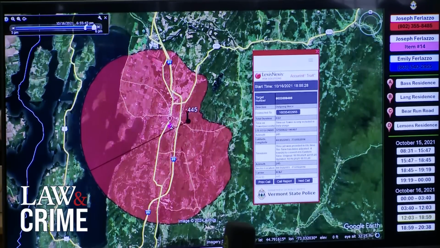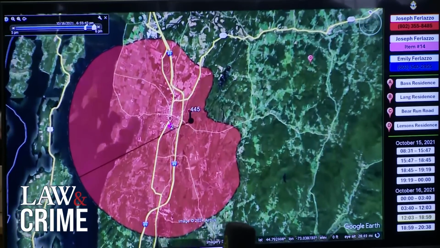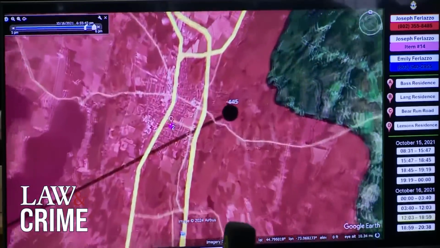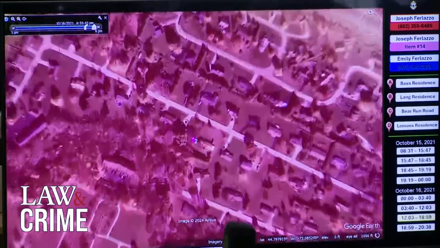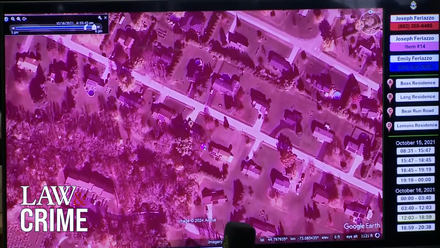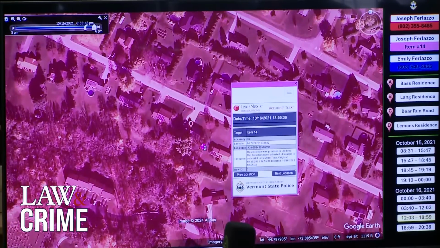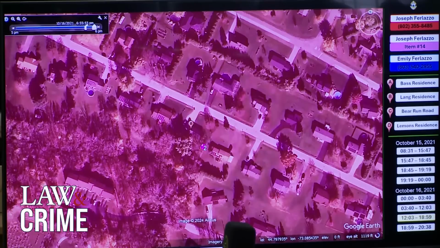And then at 6:55 is an outgoing call from Joseph's number to Emily's number. Around that same time is another parked car location. So that iPhone thought that it had a parked car location. I can see that coordinate point fell within the H plane of that voice call, and it is near the Lang residence.